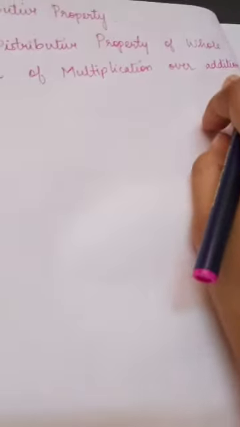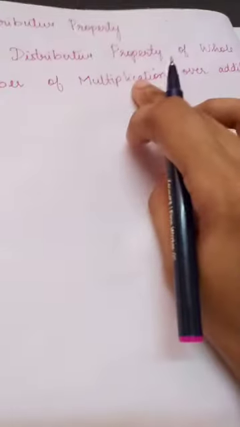I already told you whole numbers satisfy closure only for multiplication and addition. Therefore, we are using the distributive property of multiplication over addition.